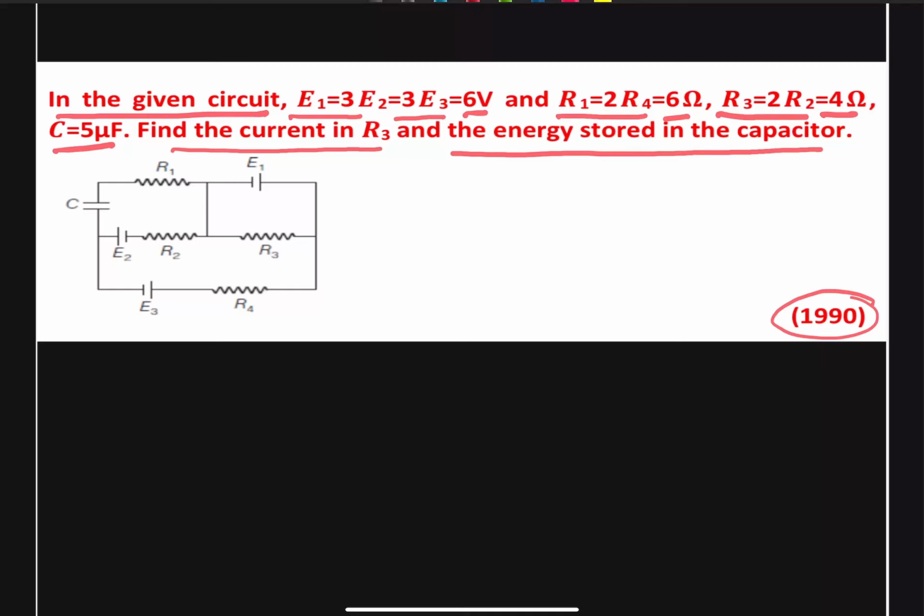So basically it should have mentioned that under steady state condition, but in this question it is not mentioned. So we already know that under steady state condition, our capacitor, that is our C, is going to behave as an open circuit.